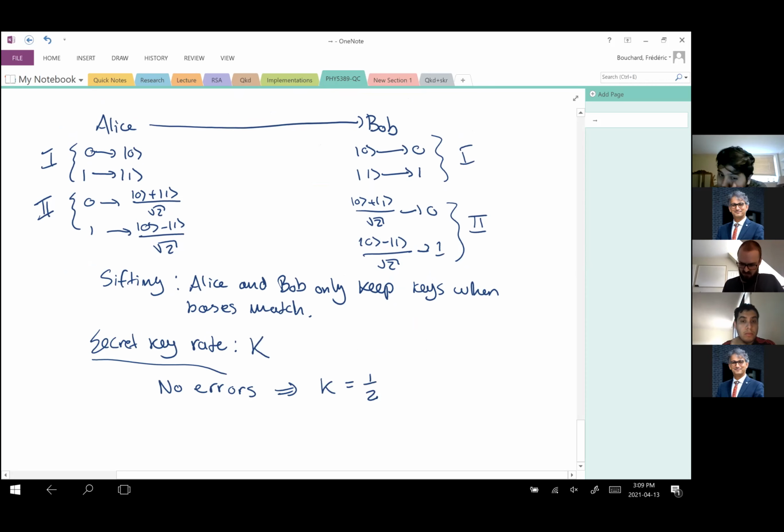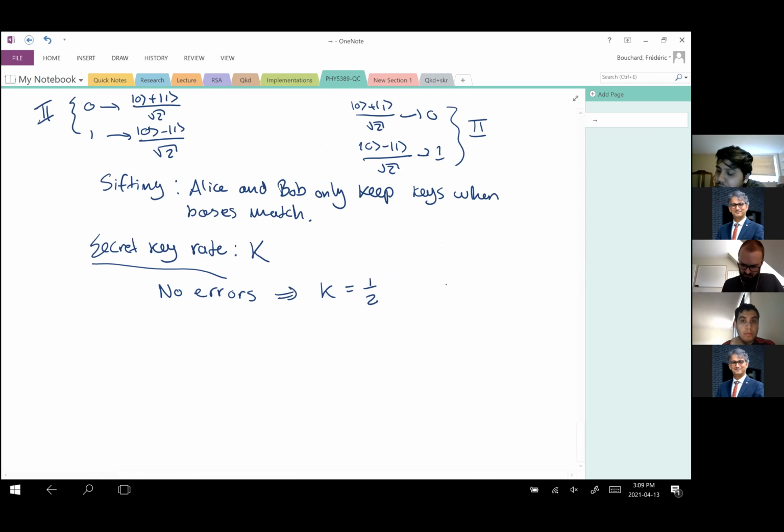That's because of the sifting efficiency. And then R here is the raw key rate, which is basically how many photons Bob is detecting per second.